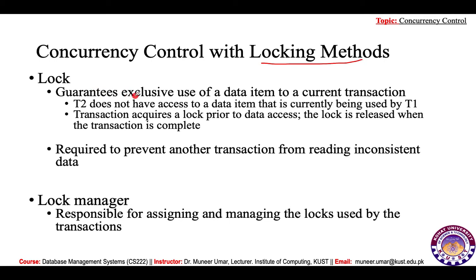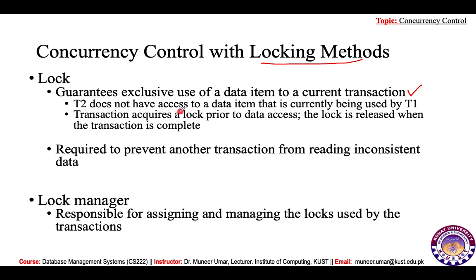Lock guarantees exclusive use of a data item to a current transaction. If we have more than one transactions and all the transactions are accessing same data in the database, then that data would be accessed by a single transaction and the rest of the transaction would not be allowed to access that data. Means that data item would be locked for that particular transaction.